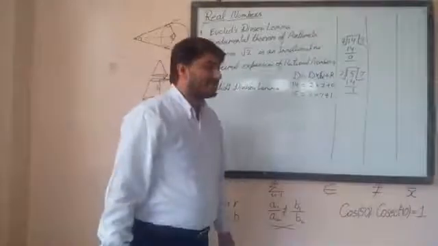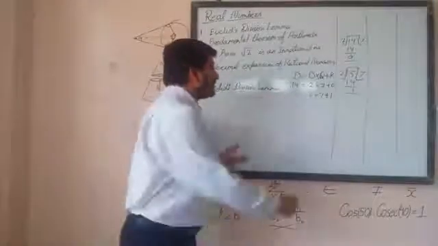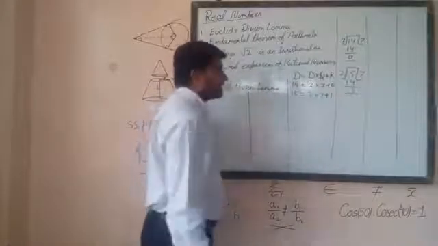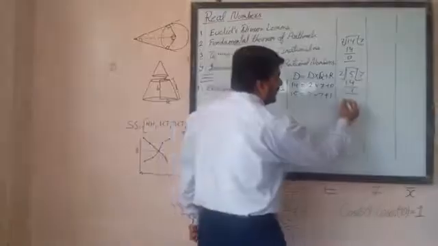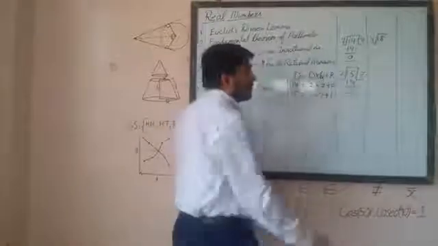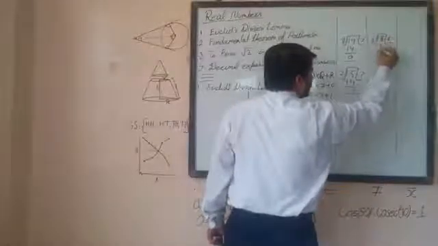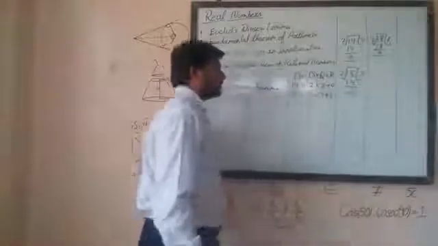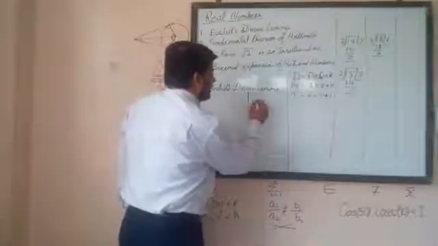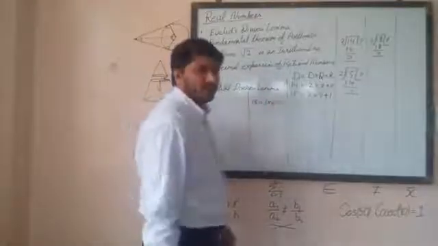Now let us change our dividend as well as divisor, and let us see what changes we get in our remainder. Let us change the dividend to 18, divisor to 3, and our quotient becomes 6, remainder is 0. Now let us write the same thing in this form: 18 equals 3 into 6 plus 0.